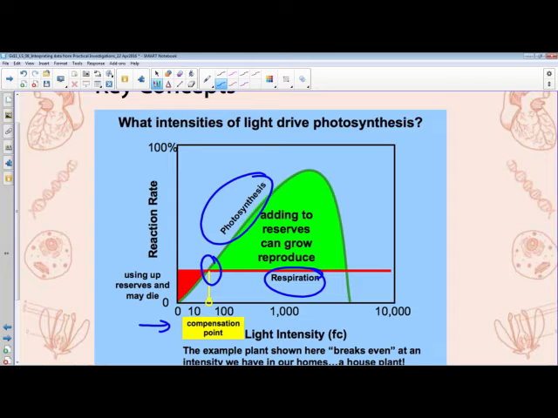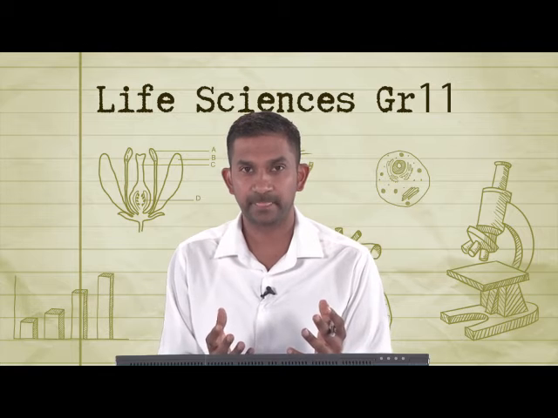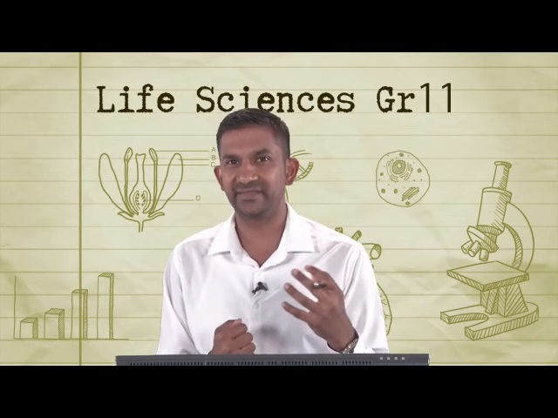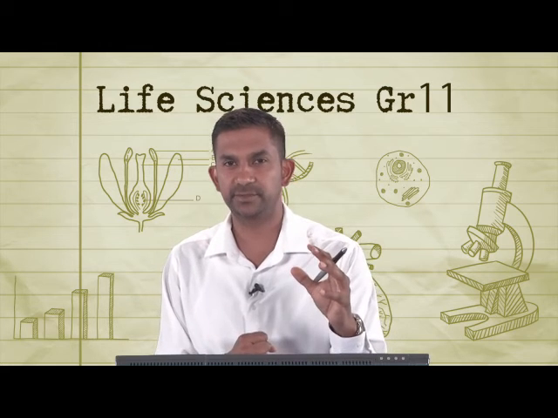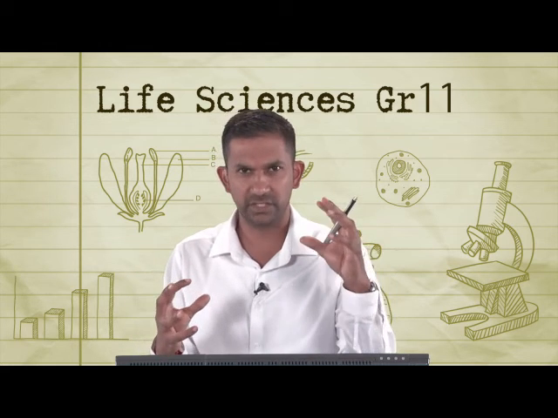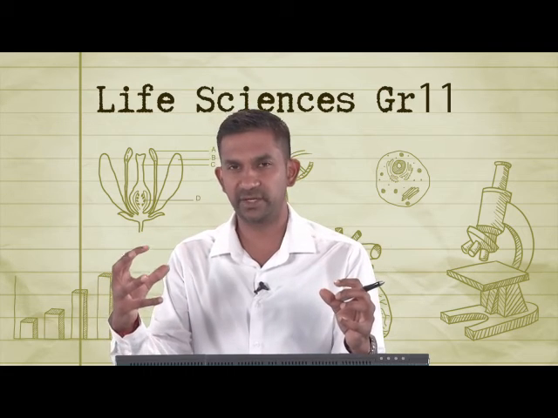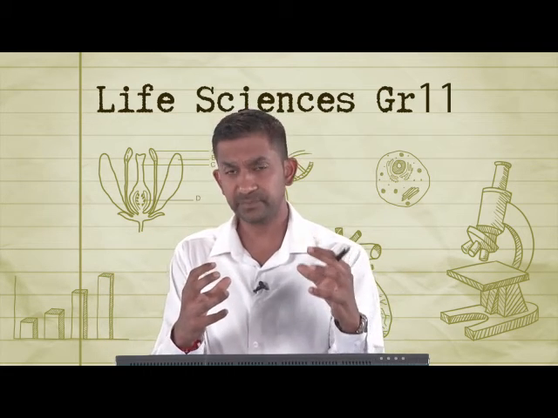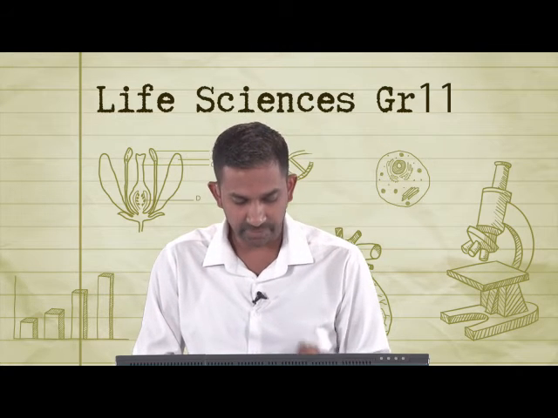Essentially what I mean by this is that during the process of respiration, the mitochondria produce carbon dioxide. Remember that plants require carbon dioxide for photosynthesis, and that could be obtained purely from the mitochondria producing carbon dioxide. So that relationship between the chloroplast and the mitochondria, where the net CO2 production by the mitochondria equals the net CO2 intake by the chloroplast, that specific point is referred to as the compensation point.